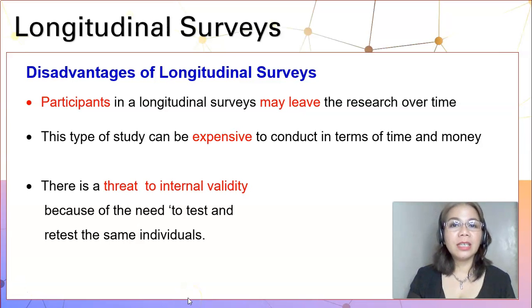Also, in longitudinal study, there is a possibility of a threat to internal validity because of the need to test and retest the same individual. It means that the individual may remember the test items that were given to them during the pretest when they take the post-test. So it can cause bias in the measurement of the characteristics that is being studied in the longitudinal survey.